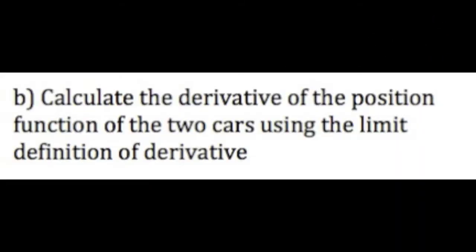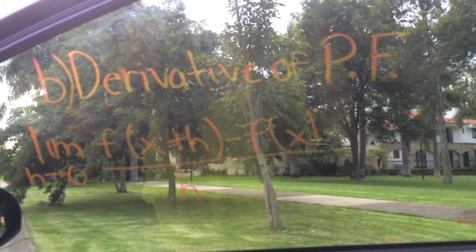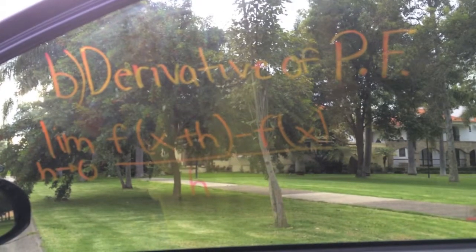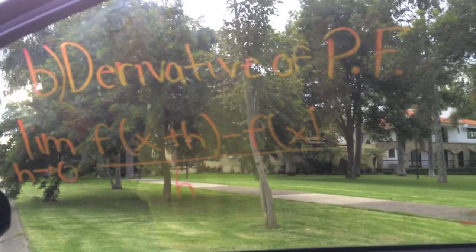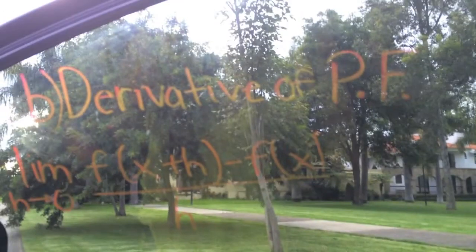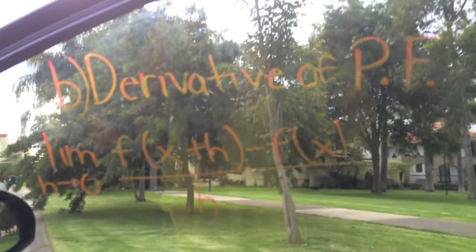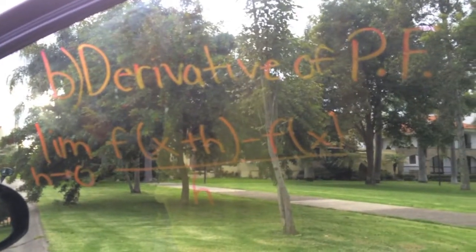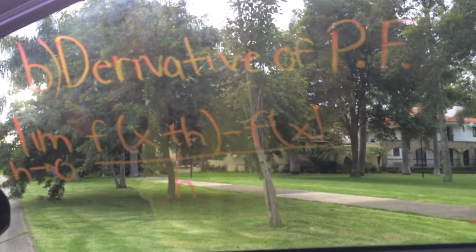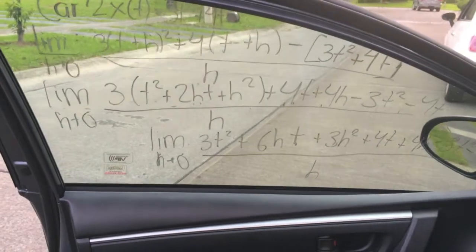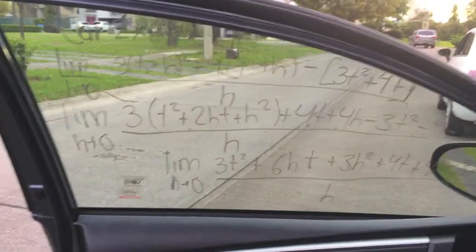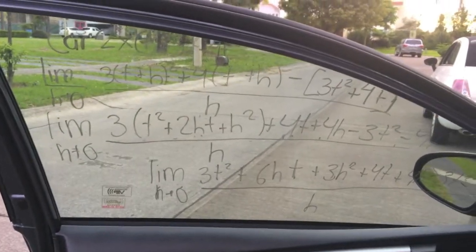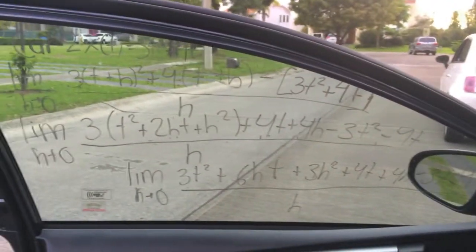Question B. Calculate the derivative of the position function of the two cars using the limit definition of derivative. Derivative is the slope of the tangent line to a curve at a certain point. The formula for a derivative is the limit as h approaches 0 of f(x plus h) minus f(x) over h.